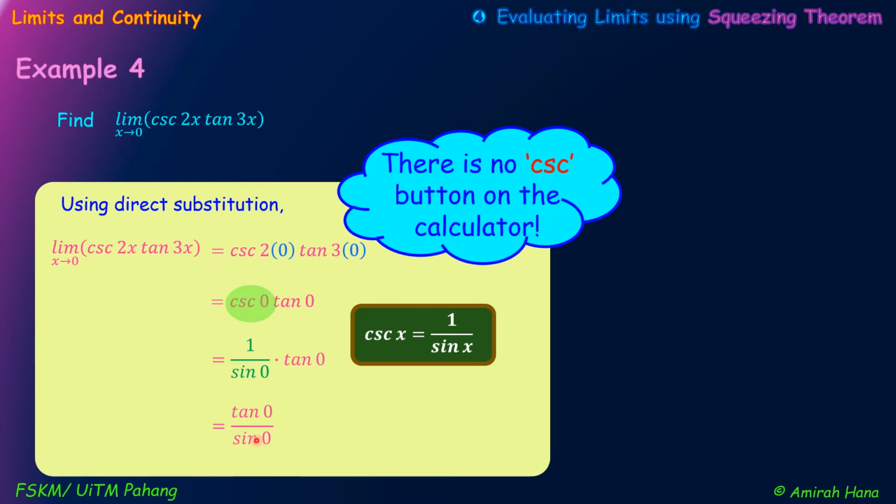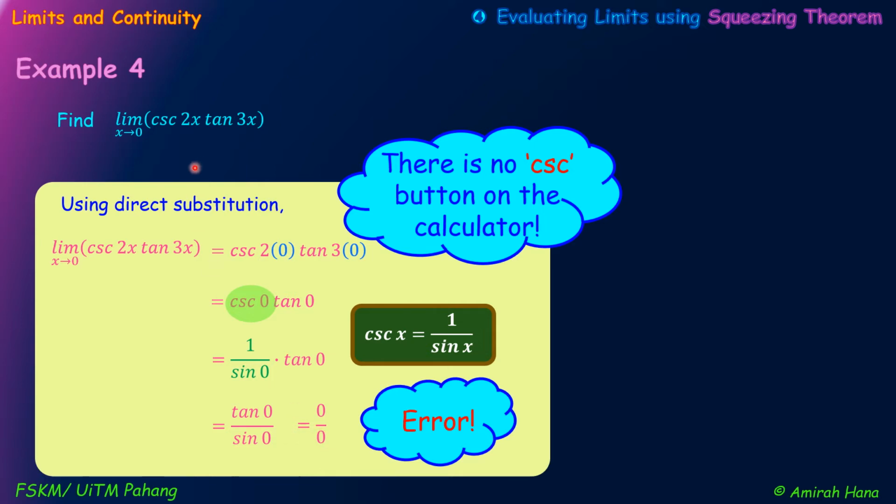Using the calculator, tangent 0 equals 0 and sine 0 equals 0. So we get the final answer equals to 0 over 0 if we use direct substitution. Remember, 0 over 0 is an indeterminate form. So this is an error.